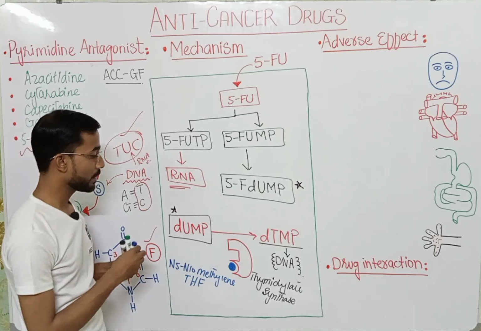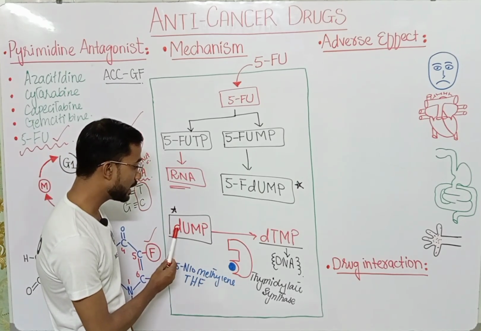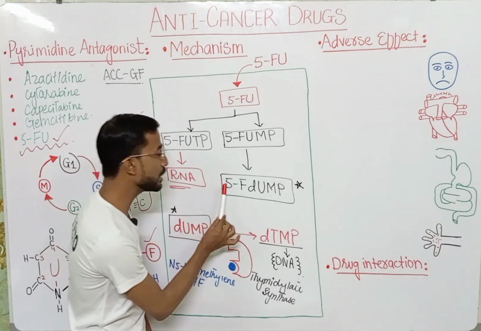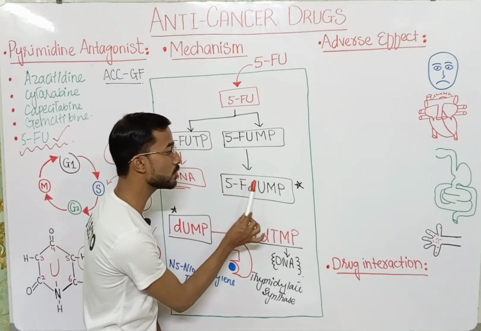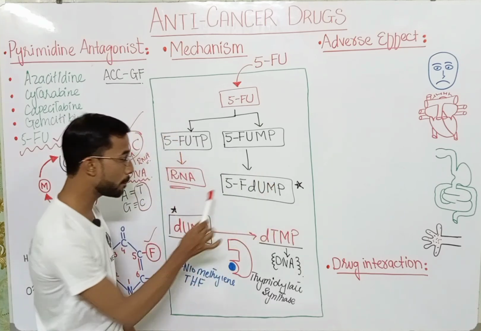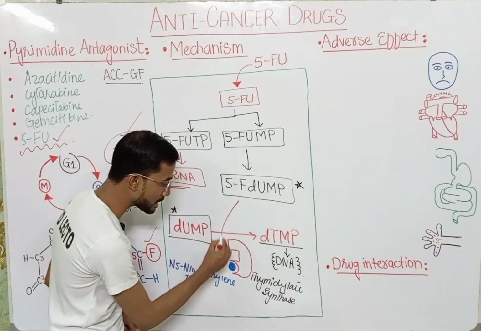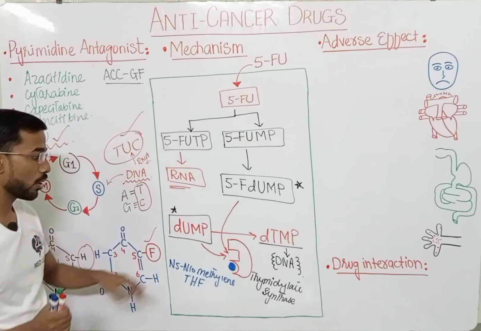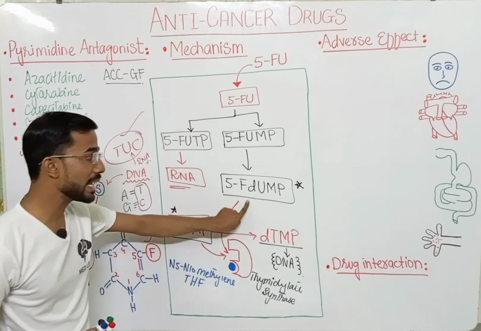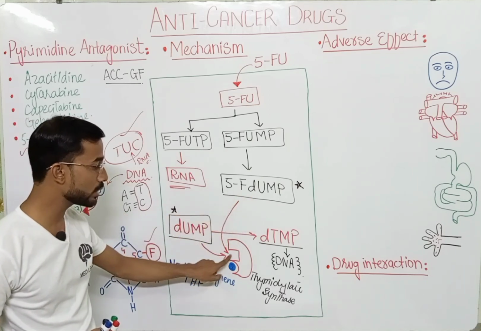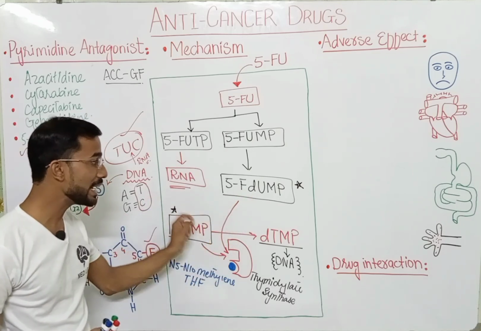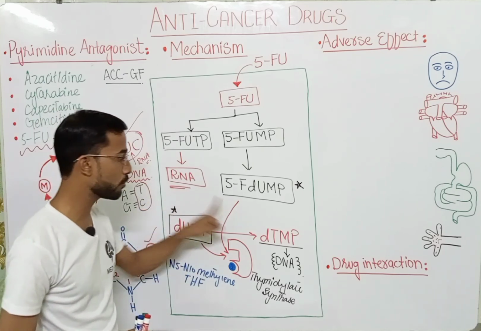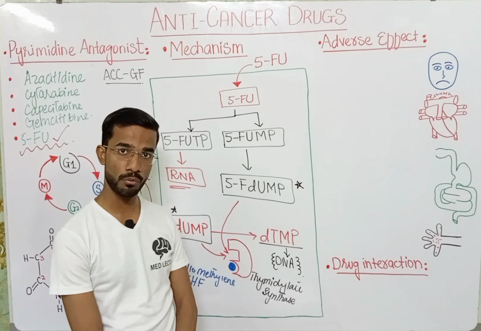Okay, now this compound dUMP, deoxyuridine monophosphate, and the 5-fluorodeoxyuridine monophosphate compete for binding to this site of the enzyme, that is the active site. Now in that situation, when we take this, it will bind to the enzyme, and when it binds to this enzyme, it will block the conversion of the uridine monophosphate into the thymine monophosphate.